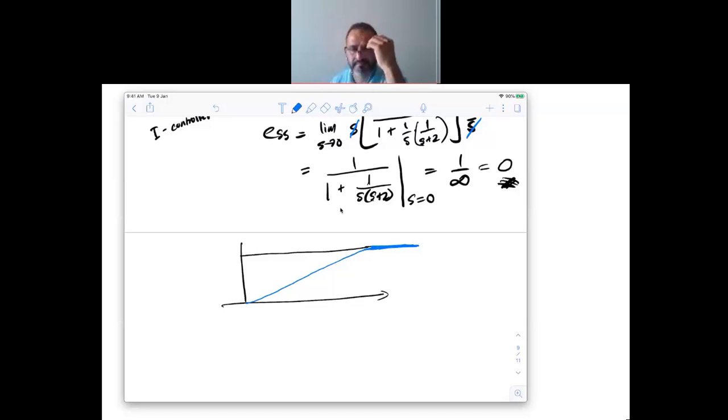In this case, first order, so the transient part is just whether it's a fast response or slow response. But for second order and higher order, you have to think about the overshoot, the sinusoidal part, the rise time. So there's a lot of effect on the transient part that you have to handle when you design a controller. So designing a controller is not as simple as that.